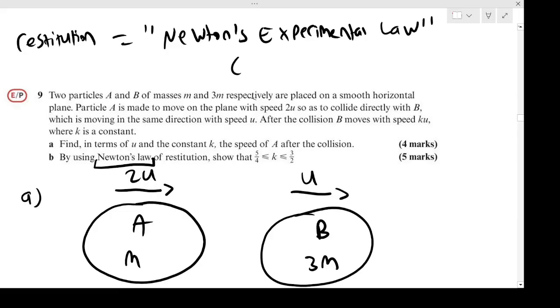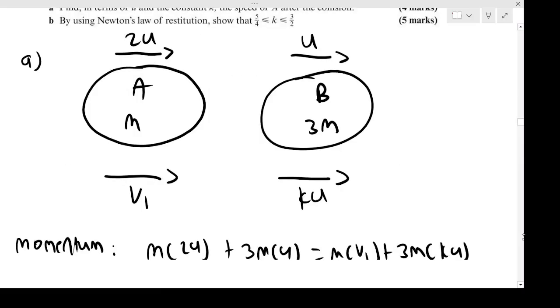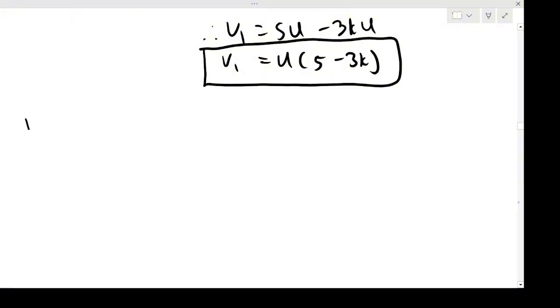So especially in mark schemes, you might hear restitution be referred to as NEL, which is short for Newton's experimental law. So they're the same thing. So we need to then consider restitution for the next part. And again, restitution, which is e.